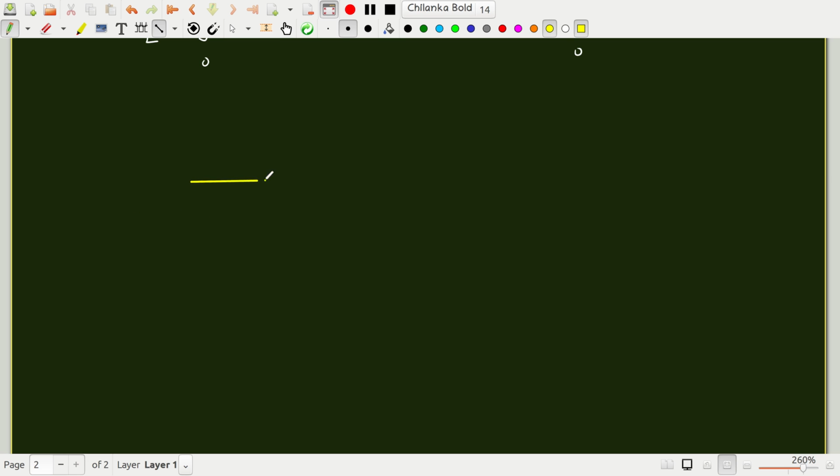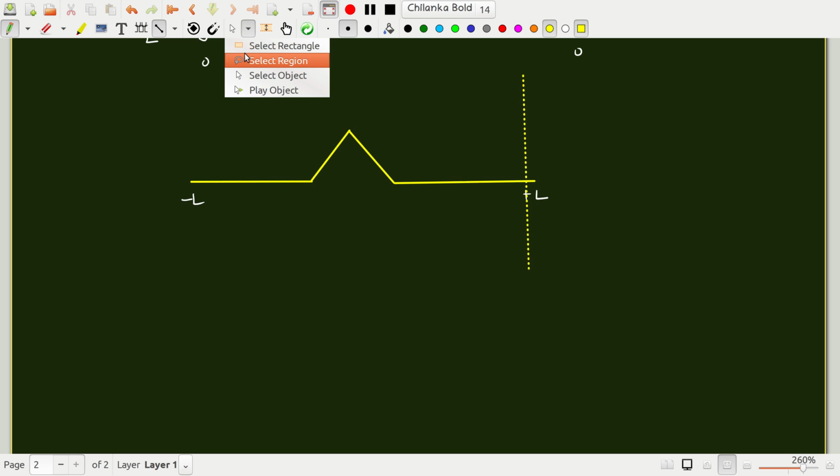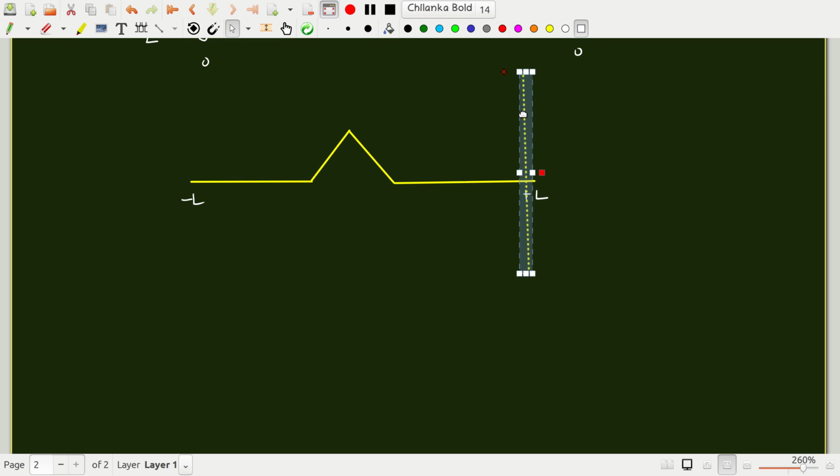So for example, you may have a function like this, let's say defined between minus L and plus L. What this implicitly implies is that for every region of period 2L, this pattern repeats.